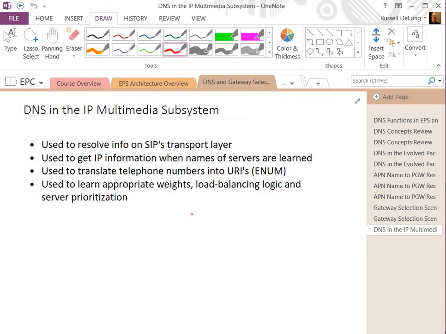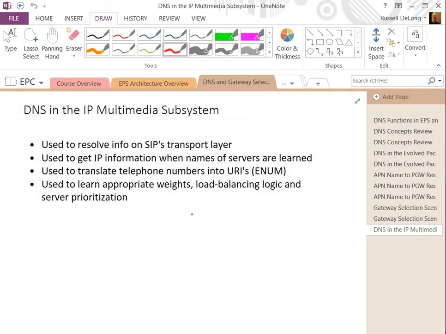So we use DNS to resolve information about SIP's transport layer. For those familiar, basically the SIP protocol wasn't really rigged to a particular type of transport, so it can use UDP, it can use TCP, it can use SCTP. In fact, within one stateful dialogue for SIP between two systems, you can potentially switch on the fly between UDP and TCP.